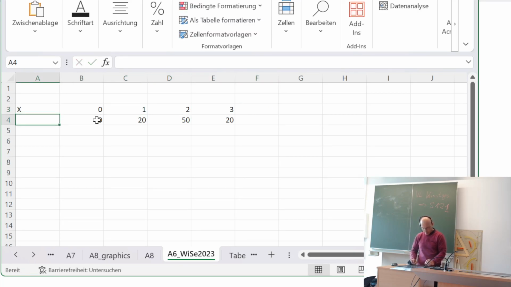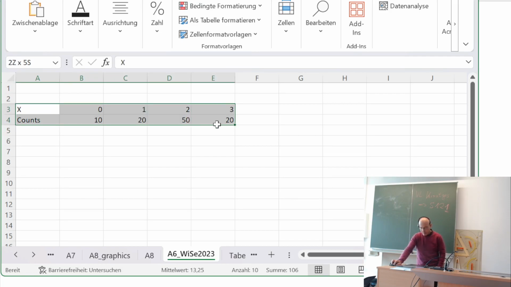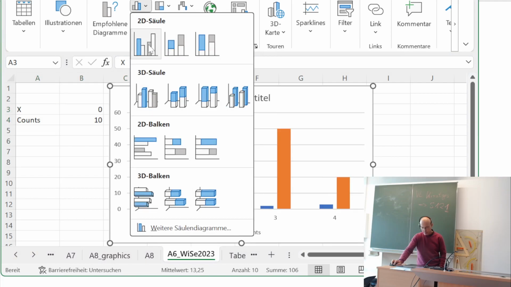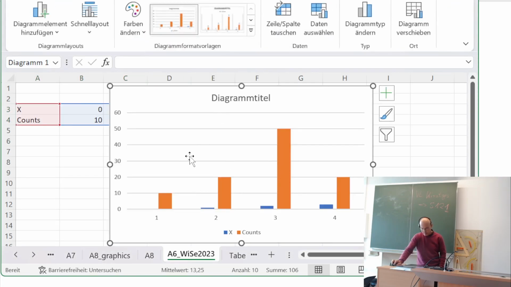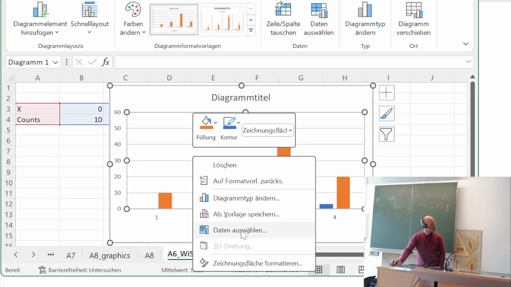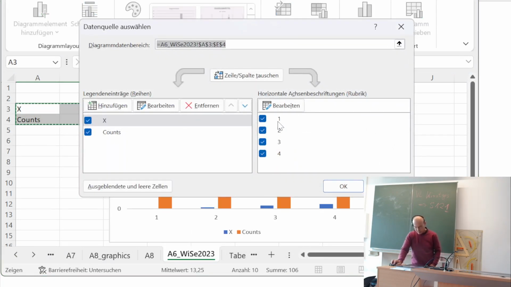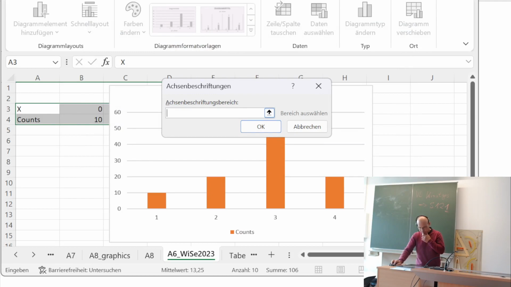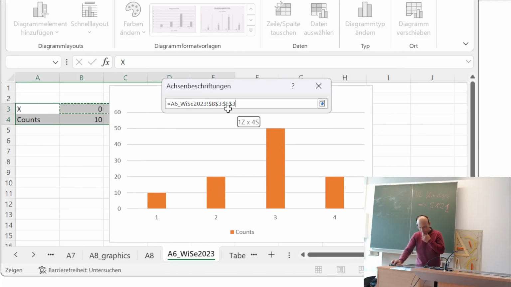This were X, and this were the counts. At first we can just look at it graphically in a histogram. So this X we don't want here, but we want to have X here.